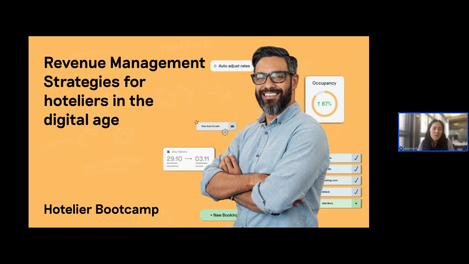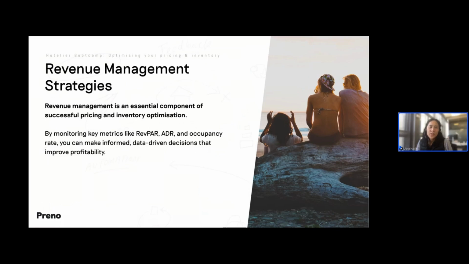Revenue management strategies for hoteliers in the digital age. To successfully manage a hotel, you need to anticipate the market demand and optimize pricing and inventory. Revenue management lets you use data and analytics to predict consumer behavior and make adjustments accordingly.